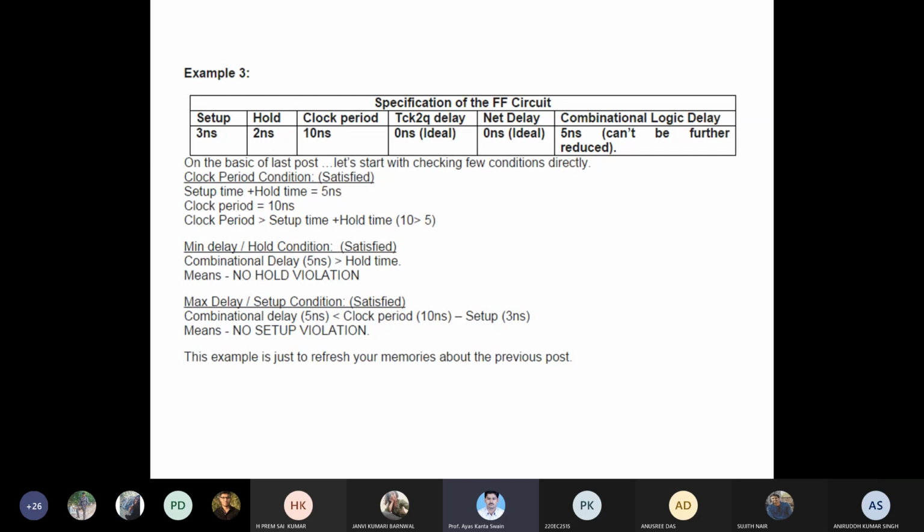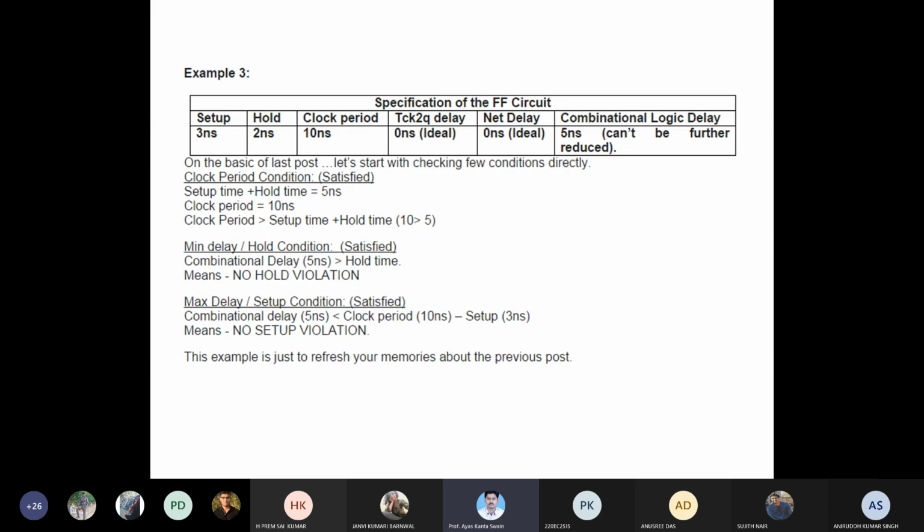You can verify the setup and hold violation. So what he is doing here is putting directly this summary. The clock period condition is satisfied because setup time plus hold time is 5 nanosecond, which is much less than the 10 nanosecond clock period. So the condition for clock period is satisfied.